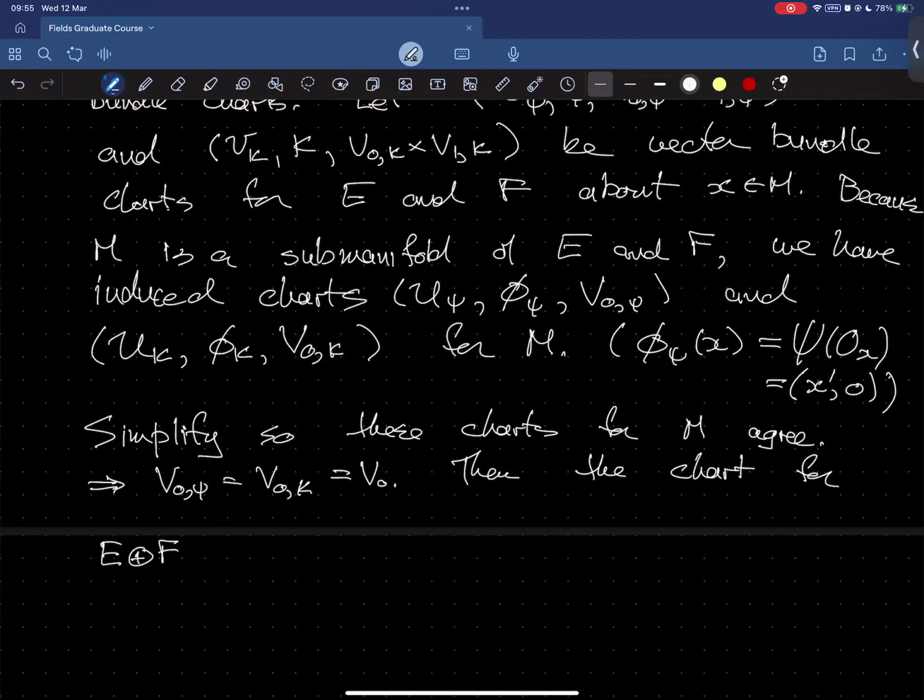Okay. So first I should tell you, the first thing that you need for a vector bundle is a set, right? So I should at least start by telling you what this set E plus F is, okay? And so this is going to be what's called the disjoint union. Oops, sorry. Of the fibers, the direct sums of the fibers, okay?